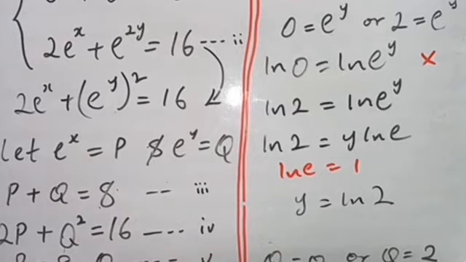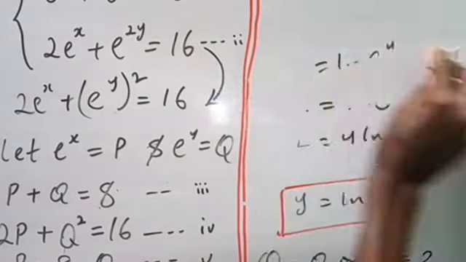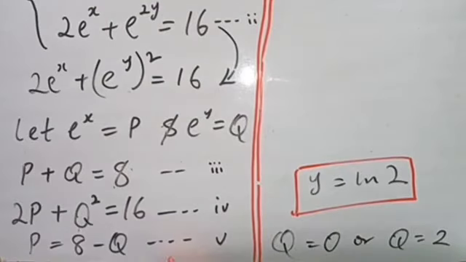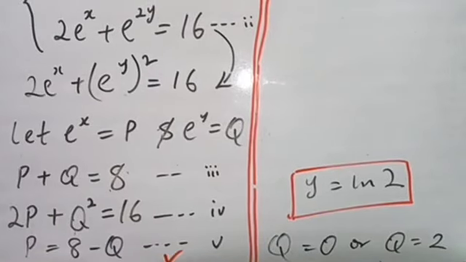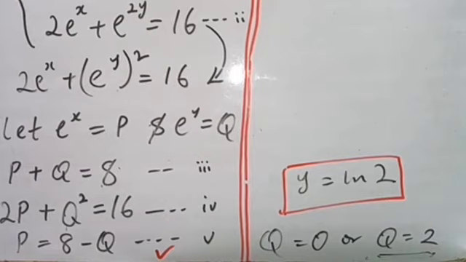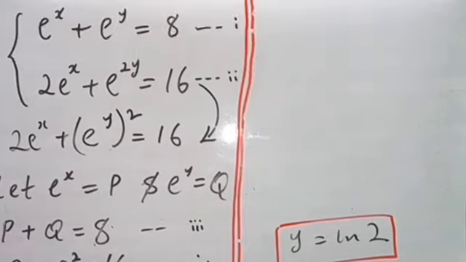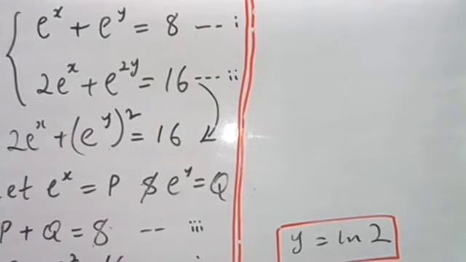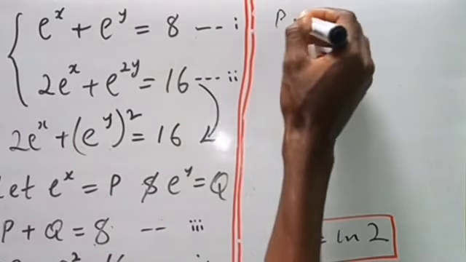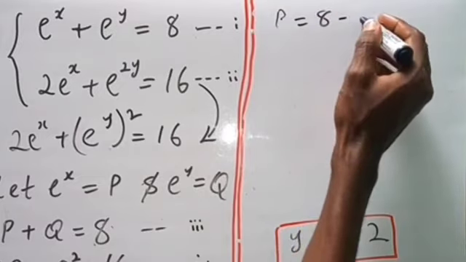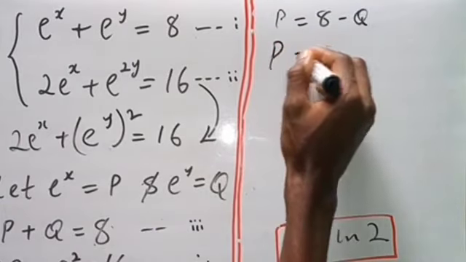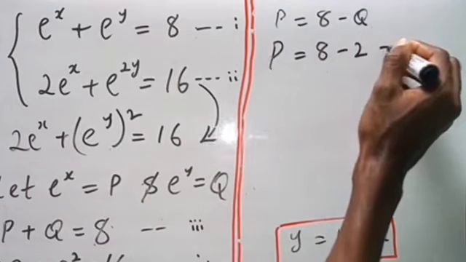Now let's look for the value of x. From equation 5, let's substitute the genuine value of q, which is q equals 2. So from p equals 8 minus q, p equals 8 minus 2, which is equal to 6.